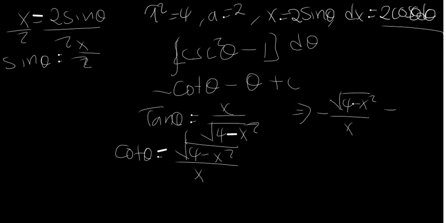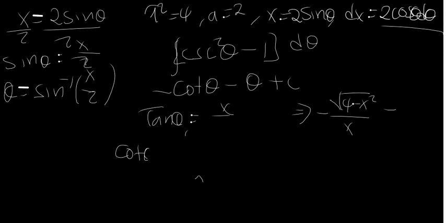So let's now solve for theta in this equation. Theta is going to be sine inverse of x over 2. Meaning where there's theta, we're going to replace it with that.